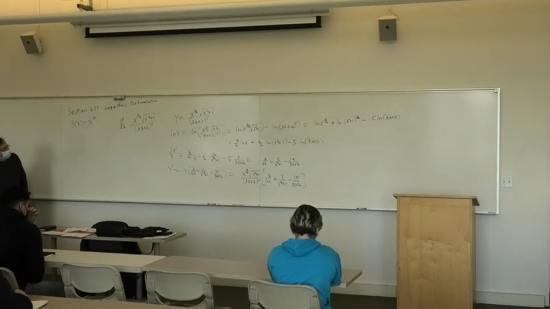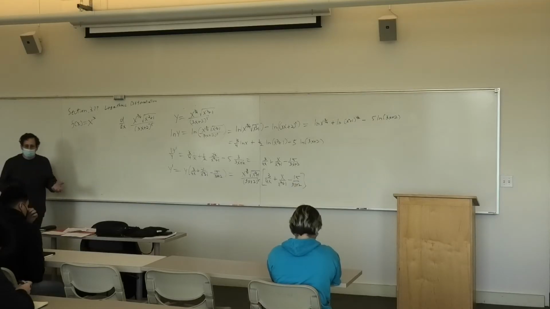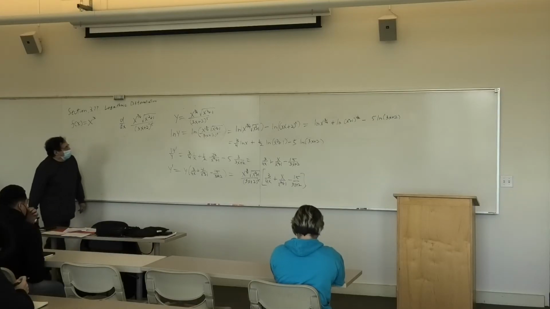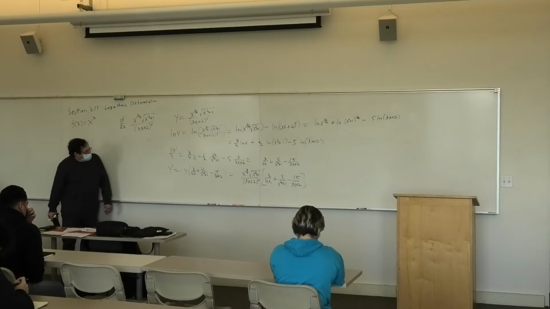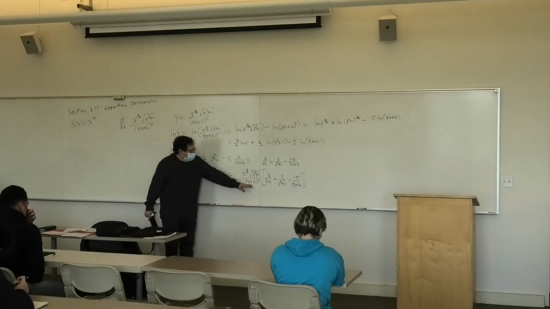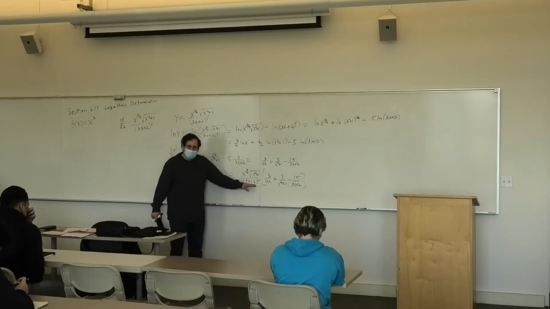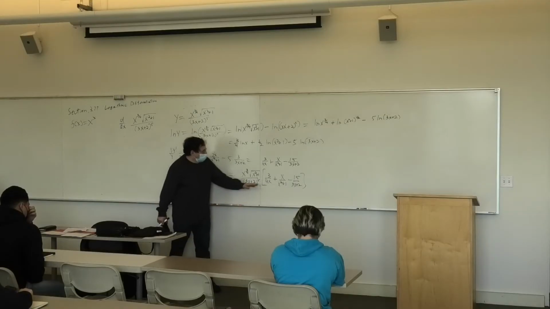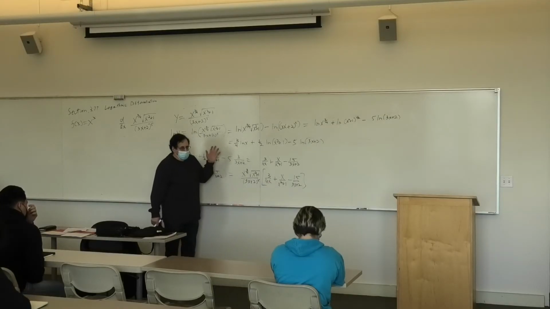Okay, that was long and torturous, but you know your rules of logs, and you know implicit differentiation, and you know the chain rule. It's straightforward. And in general, even if there were some kind of simplification you get by the distributive law here, there's no point.